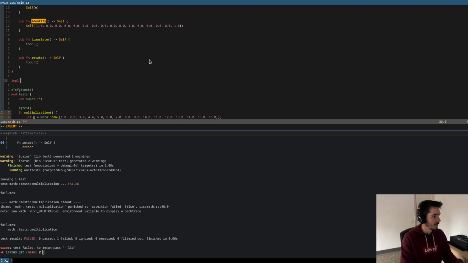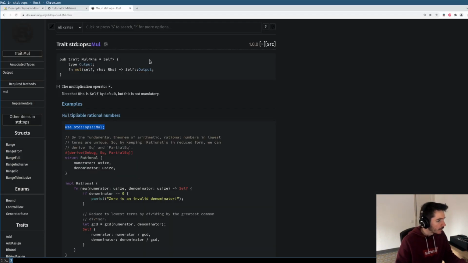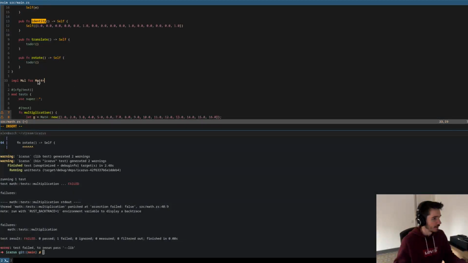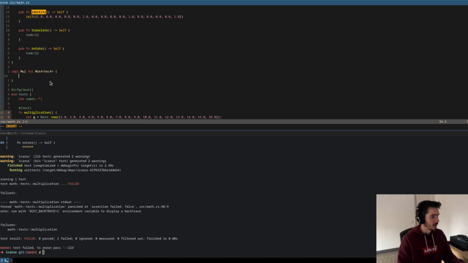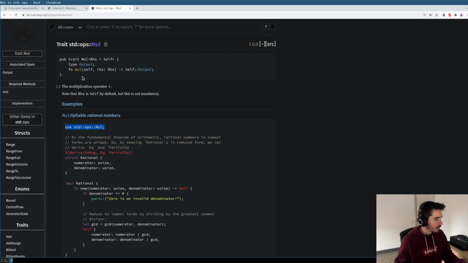So impl mul for mat4, and do we specify the right hand side? I think we need to specify the right hand side operator in here. So this should be vec 4, and then we add the mul function, which takes self and right hand side. Do I need to name it like this?